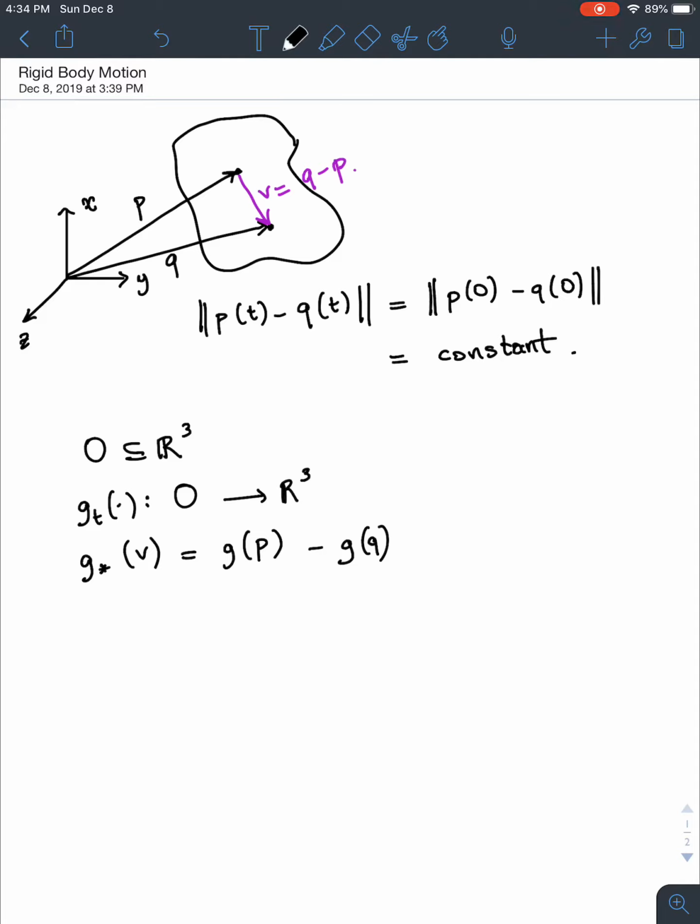In any case, given this transformation, you can talk about an induced transformation on vectors. If the vector V is given by Q minus P, then the action of the rigid body transformation g on this vector V would be equal to g of Q minus g of P, okay? That's the long story short.